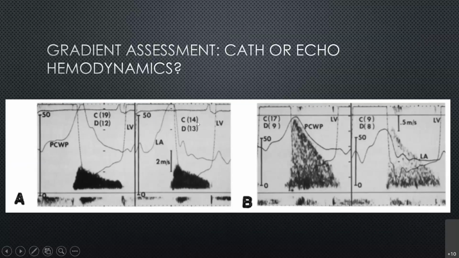And this was similar for all their cases. Again, this is wedge pressure versus LA pressure, right? And this is where echo really became important because this study proved that echo is very comparable to the gradients on cath with LA. And we don't do LA, we usually go with pulmonary capillary wedge pressure, and it's not accurate. So if you want to be accurate, you have to do that. Versus now this continuous wave Doppler proves that echo is superior.